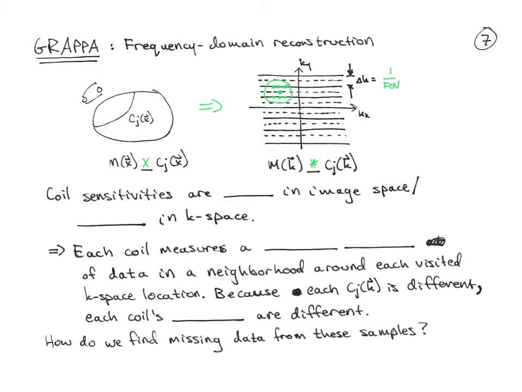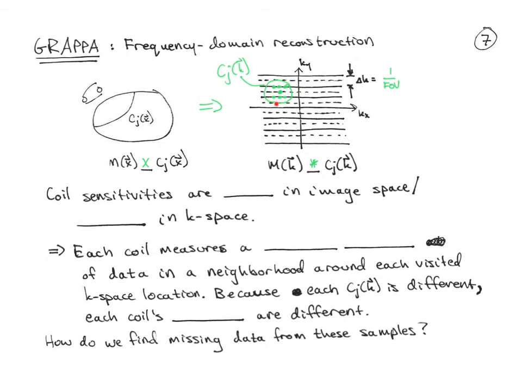So here, what I've drawn is the Fourier transform of the sensitivity, which, because C sub j, the coil sensitivities, are smooth functions of space, means they are compact in the frequency domain. So as we move along in k-space and sample data at each k-space location, what we actually get from each coil is a weighted average of all the k-space data around it, where the weights are given by that coil's sensitivity.